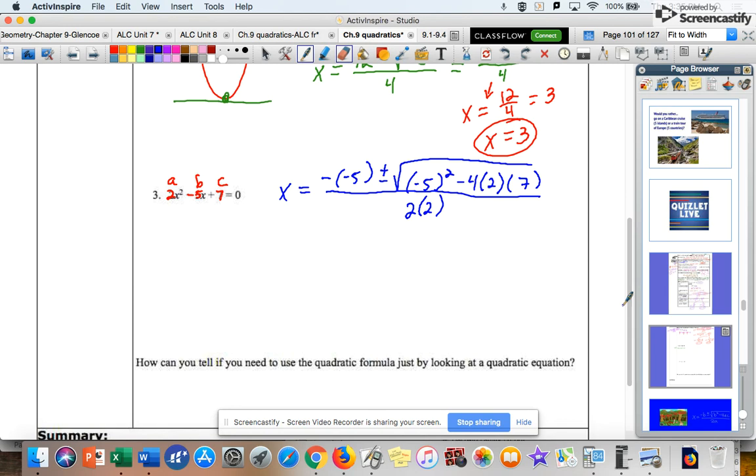All right, so getting that all written down here, let's start simplifying. So double negative on the 5 makes positive 5, plus or minus the square root.